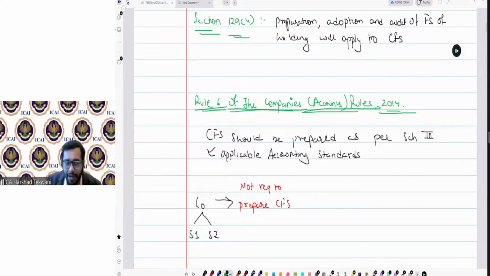But the proviso says that this rule will itself not be applicable to companies fulfilling these criteria. So we need to understand the requirements enumerated in those criteria, so that we can understand when CFS will not be applicable despite having multiple subsidiaries.